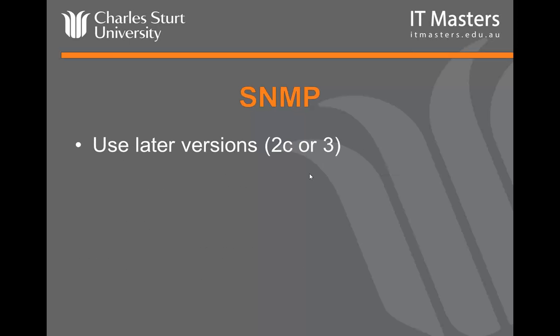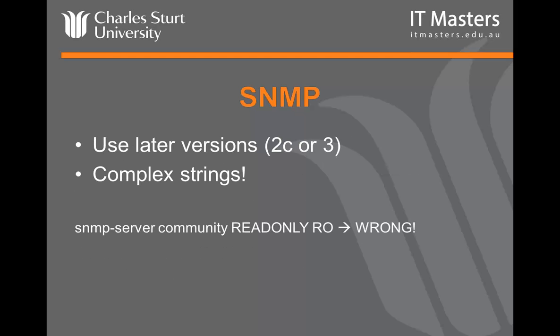SNMP: use later versions, 2c or 3, because they are more secure. Make sure you have complex strings. So snmp-server community read-only, that's your string name, read-only. No, don't do that. You can do something like snmp-server community R3@d0nly RO, that's better.